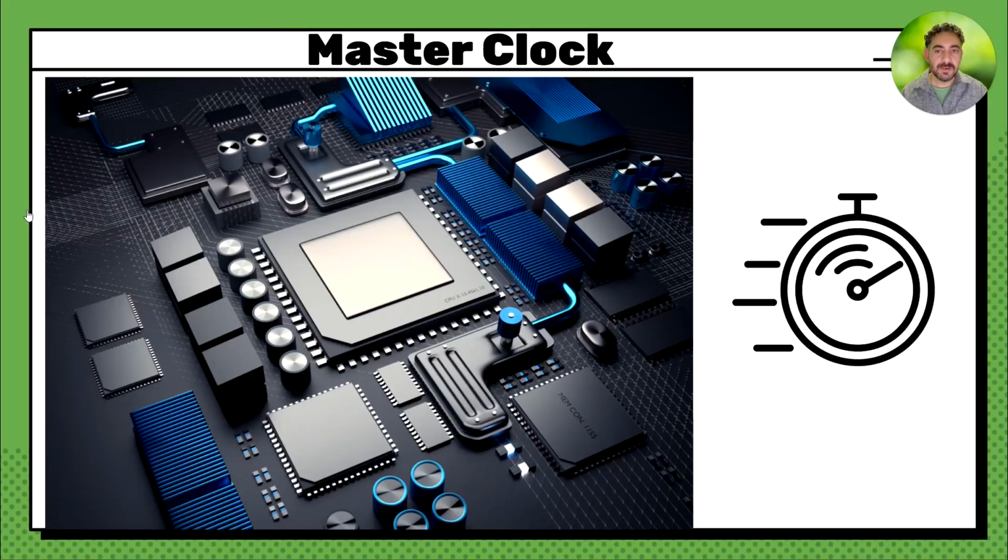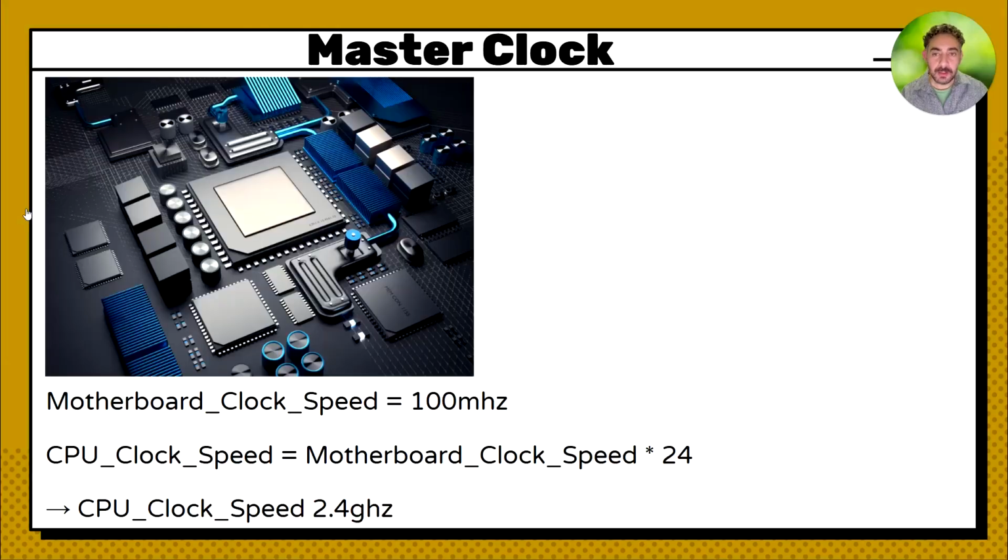Now something that is very important to know is that the motherboard has a clock speed that is very important to help all the other components of the computer run in sync. So the CPU clock speed is determined by multiplying the motherboard or the system clock speed. You don't need to know this for your exams, but you may have heard of people overclocking their CPUs to run faster. Generally, this is done by incrementing the master clock speed. If the CPU clock speeds are increased, they wouldn't be in sync with the rest of the system.